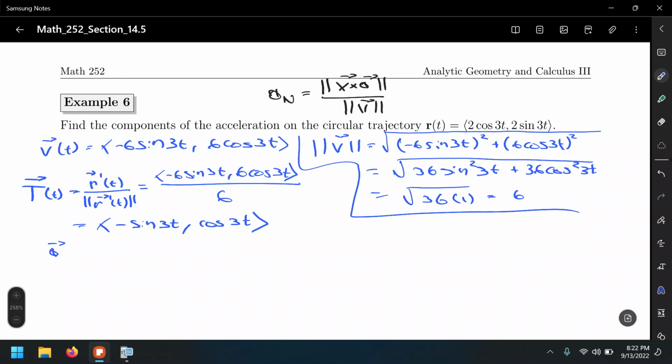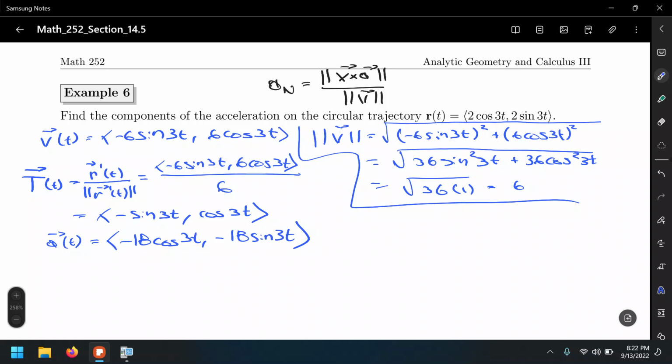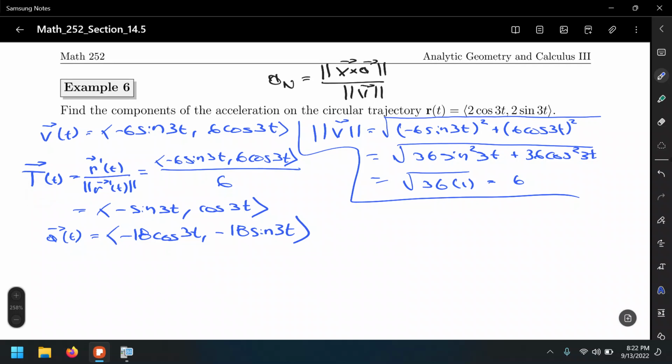I didn't find the second derivative yet, so that's the acceleration, and that's going to be negative 18 cosine 3t, comma, negative 18 sine 3t. Okay, and we have all we need to get the tangential component of the acceleration.